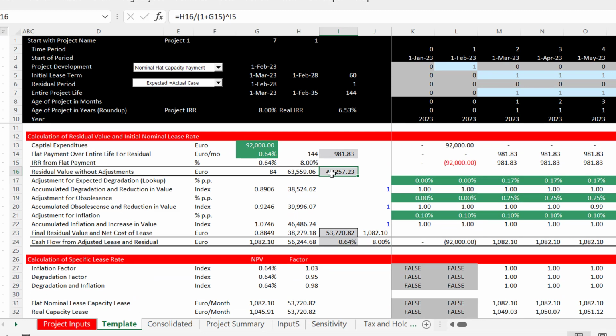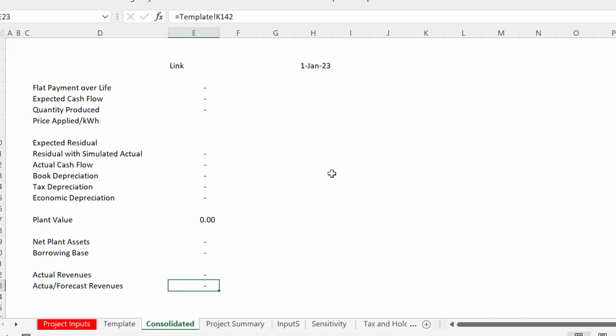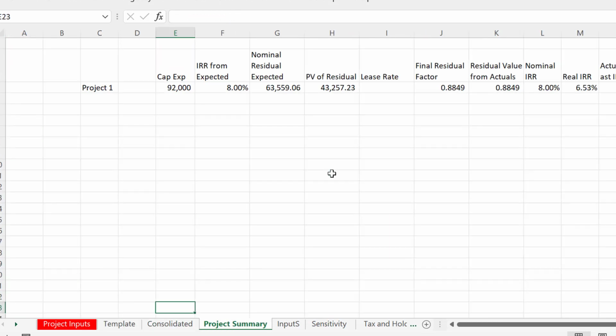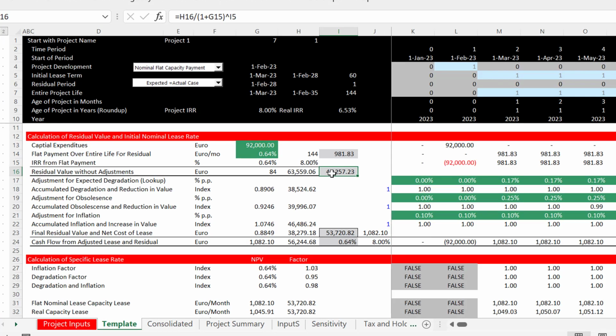We're going to take this portfolio and consolidate it, and when we consolidate it, we're going to use that sum start to end. That doesn't work as perfectly as you might think. Then we're going to put a project by project summary in here where we put things like the IRRs and our actuals, and maybe that's where we can use a little bit of ROIC to see how our different projects are working.